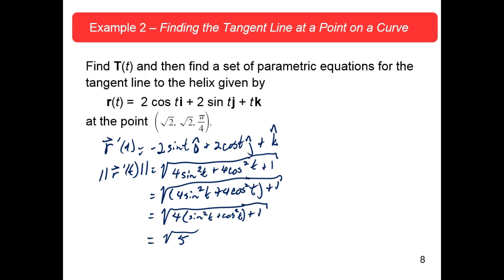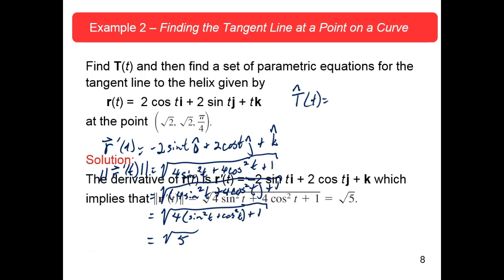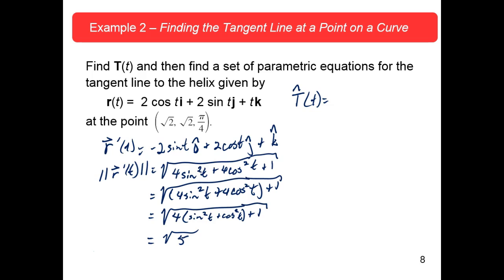So there is your magnitude of that vector at any point, not just at that point, at any point. The magnitude is that. So the unit tangent vector, and that is a unit vector, so I'll put a little cap on it, at some value t, any value t, would be, let's do it like they did before.